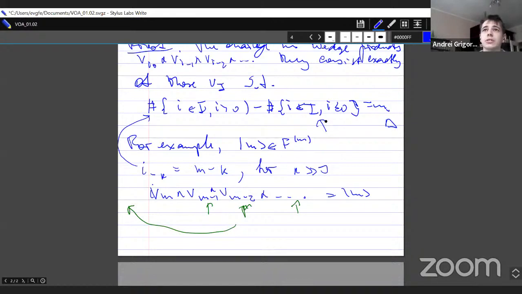Okay, so explicitly we have a proposition that if we have some vector defined by I minus k equal to m minus k, we can obtain it by some permutation from the vacuum.